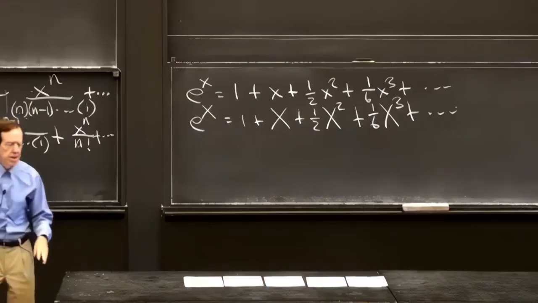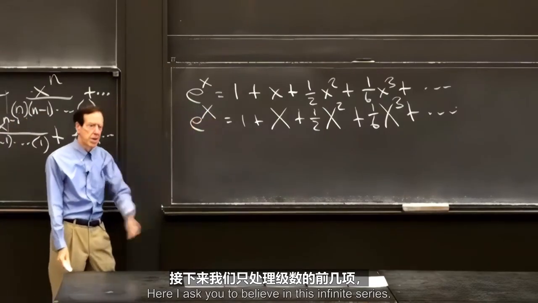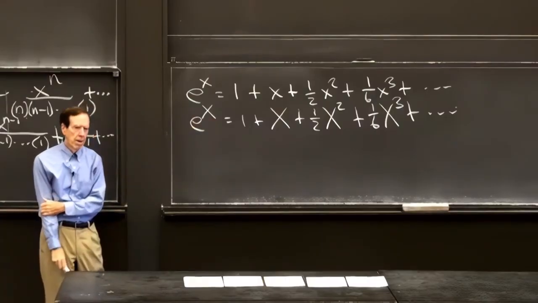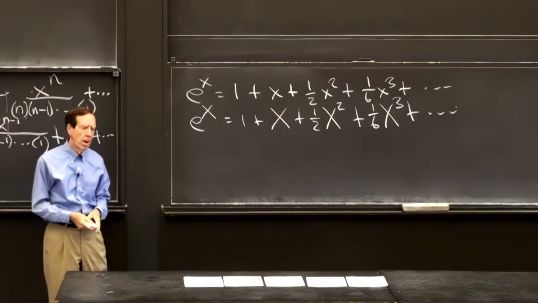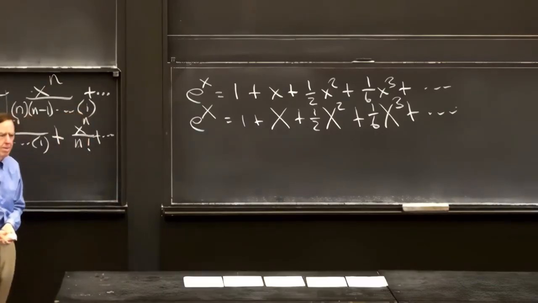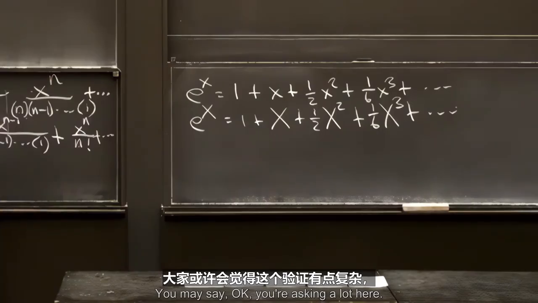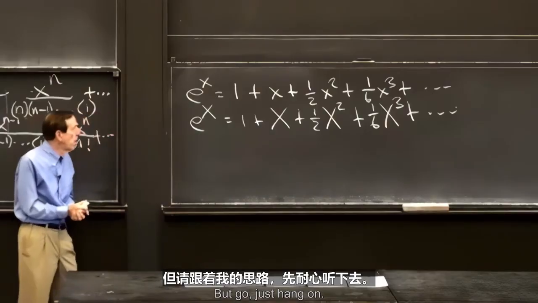Okay, I apologize. Here I ask you to believe in this infinite series. And, you know, a little dodgy, but it works. And now I ask you to multiply two of these things. You may say, okay, you're asking a lot here, but just hang on.